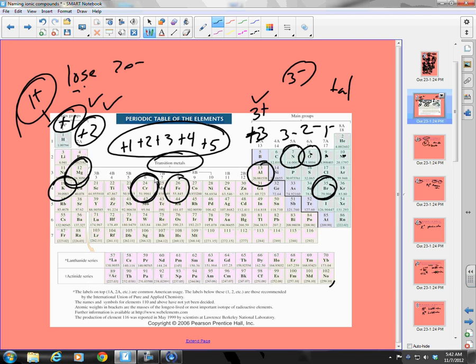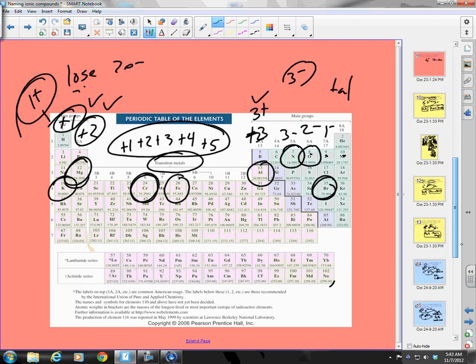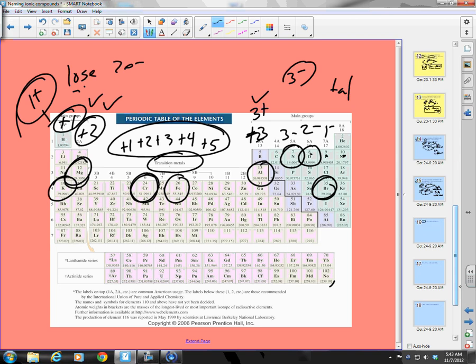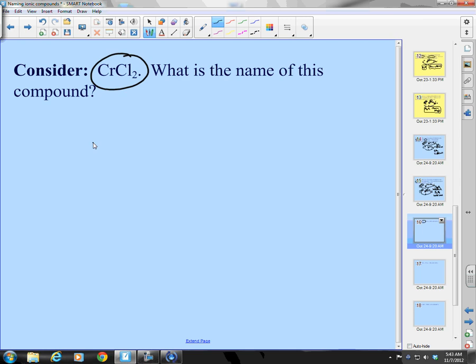How do I figure out then what its charge is? Well, let's look at my chlorine. My chlorine is what? A -1. Got it. Okay, so what do we do now?